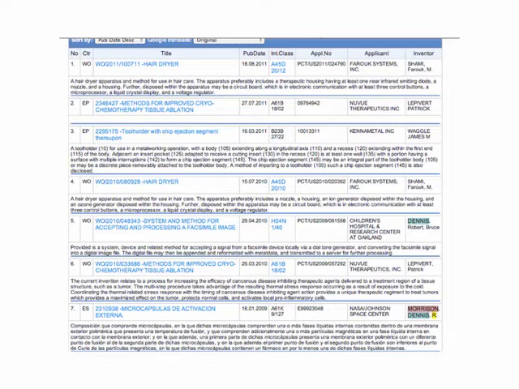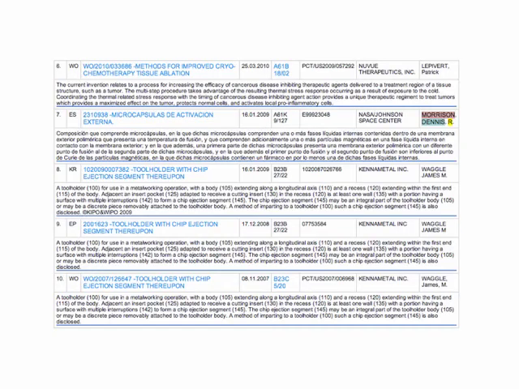You can see that the number 1 result was for the hair dryer, which would be a design patent. And then number 2 is a method, for cryochemotherapy, which is for all his cancer research that he did at NASA, which would be a utility patent. So there's a couple more of his.